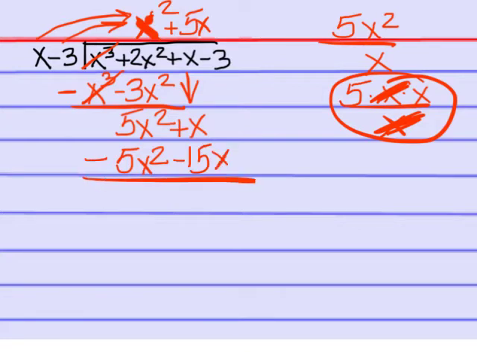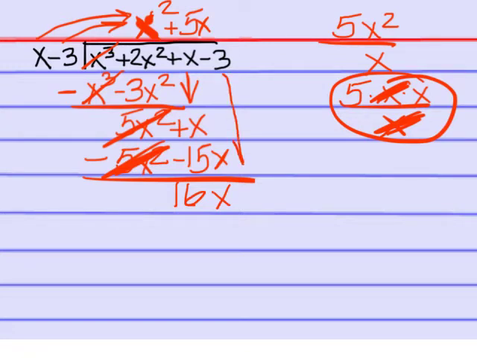And subtract. 5x squared minus 5x squared is 0. It's gone. But now you have to do x minus a negative 15x. That's the same as saying 1 minus a negative 15. That would be 16x.